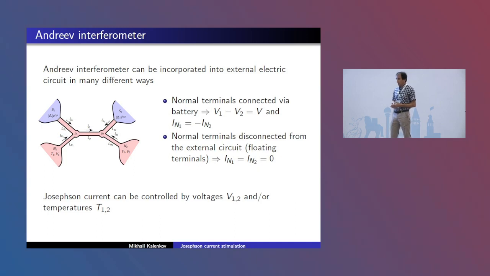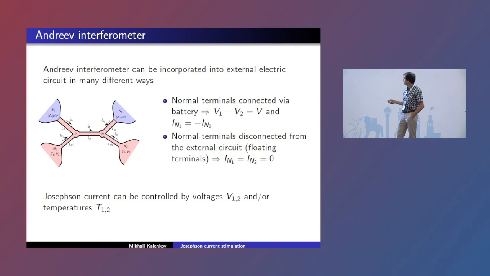That is the system under consideration, the Andreev interferometer. There are two superconducting terminals, two normal terminals, which are somehow interconnected with quasi-one-dimensional normal wires. We can incorporate this system into the external circuit in many different ways.